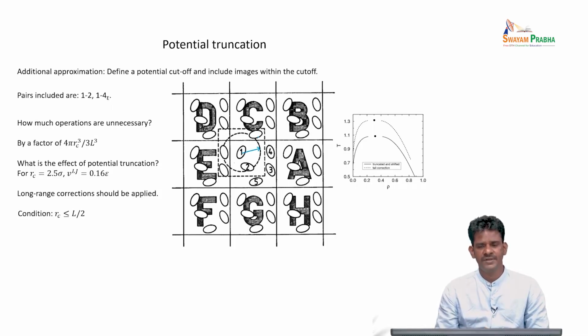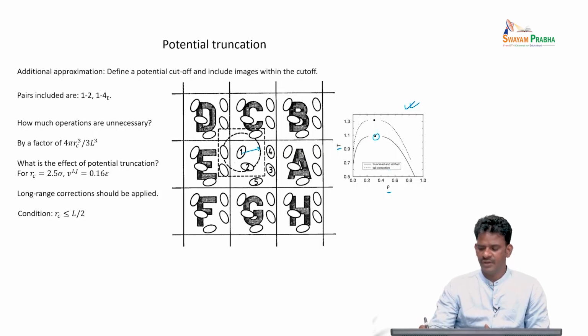However, when we use a potential cutoff as a practical convenience and then measure properties from simulations, these properties measured using a truncated potential will not be identical to a real physical system. That can be illustrated in this plot, where the solid line is the phase coexistence between liquid and vapor for a Lennard-Jones system plotted as a function of temperature and density, and the critical point is here.